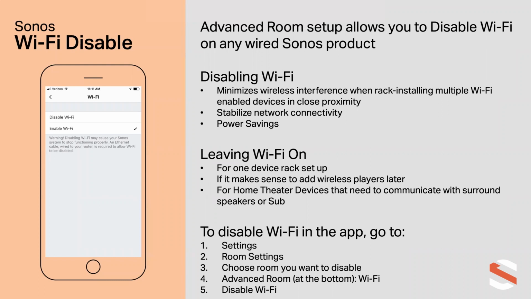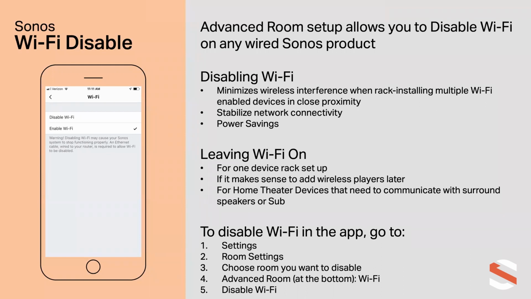The other scenario where it makes sense to leave Wi-Fi on is in a home theater setup, where the home theater device needs to communicate with the wireless players. Let's say you have an Arc hardlined, and the sub and the surrounds are on Wi-Fi, and you turn the Arc's Wi-Fi off.